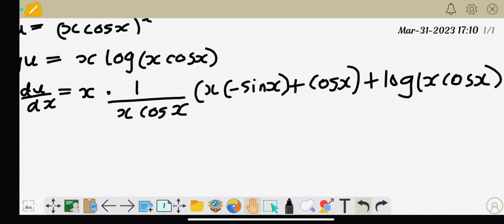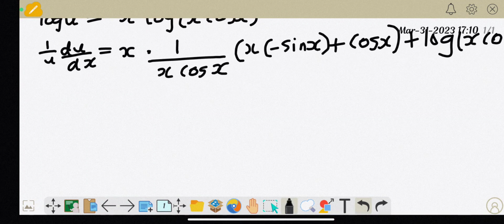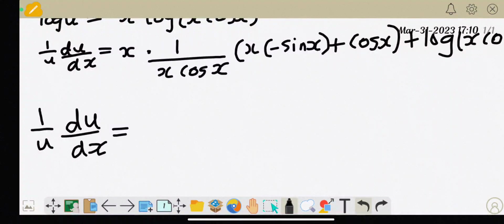So now what is remaining? We have to simplify. So how can we simplify this? So 1 by u du by dx, let it be as it is. Here I can cancel these two, right?